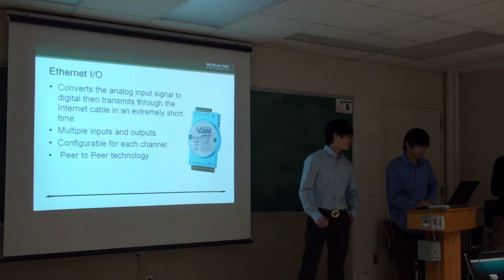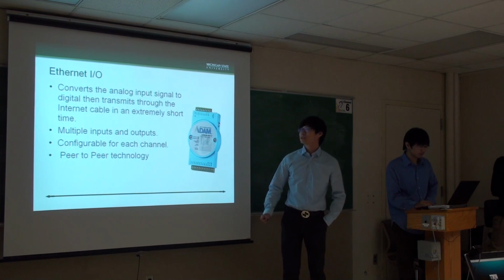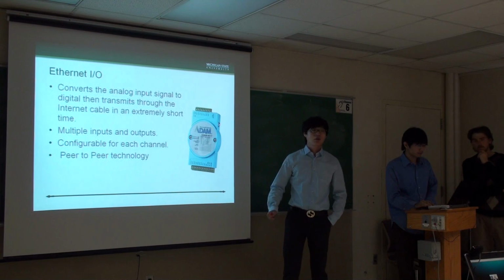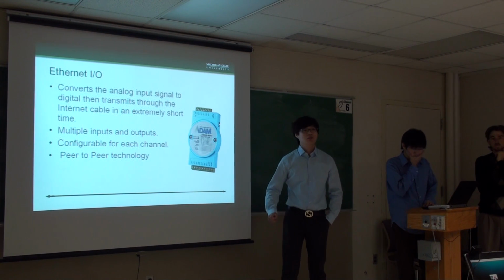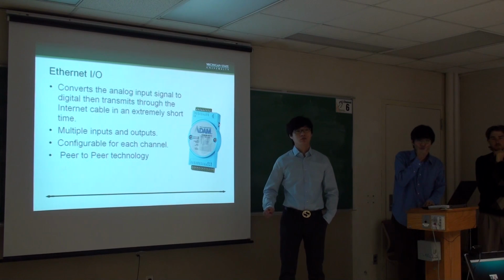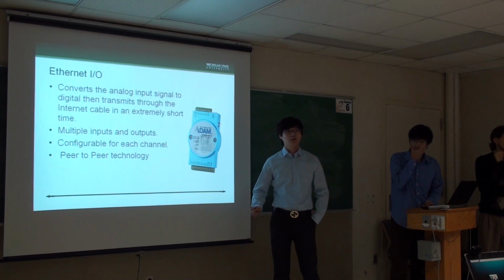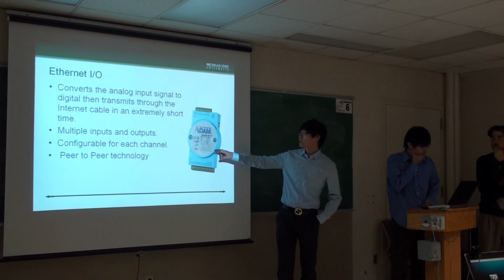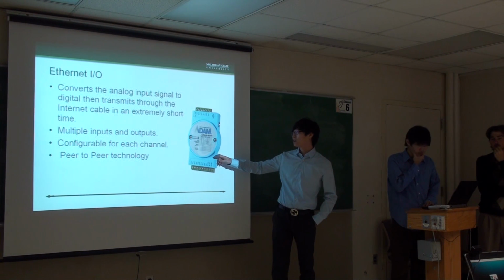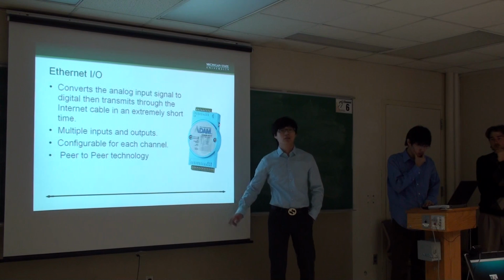The second design is the wire design, which is Internet I/O. Basically, it will convert the analog signal to a digital signal and transmit through the Internet cable with an extremely fast speed. For example, this kind of Internet I/O is the Adam 6000.